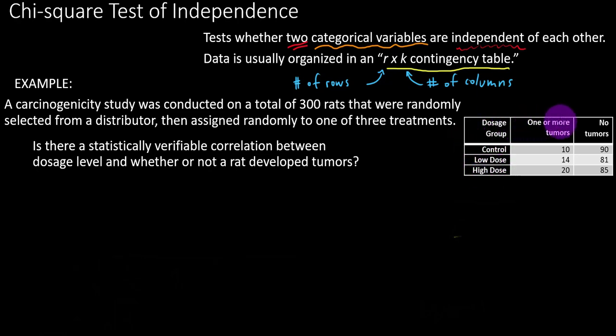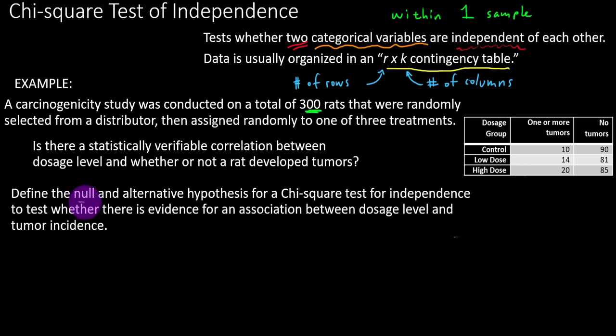And then there is whether or not tumors were developed, so we've got no tumors or at least one tumor. So there are two categorical variables here, and they are measured within one sample. There's one sample of 300 rats, and two categorical variables were measured. So that would be an indicator here that we need to use this type of test.